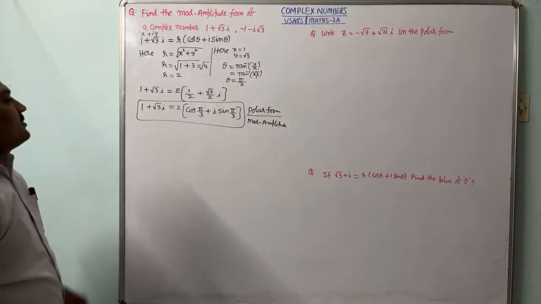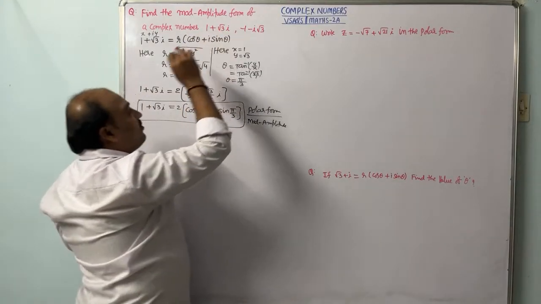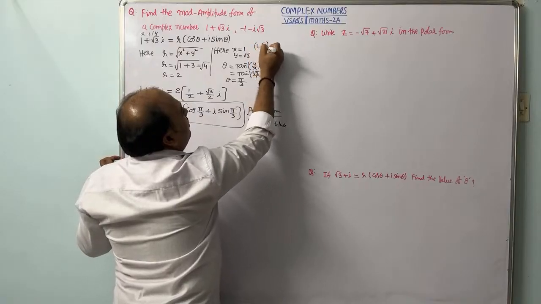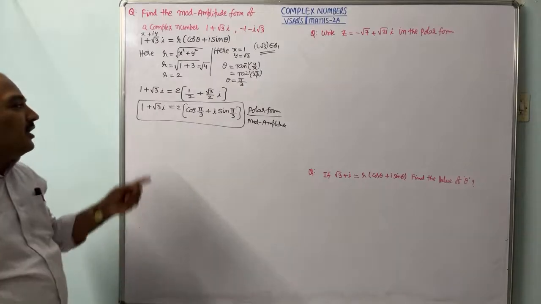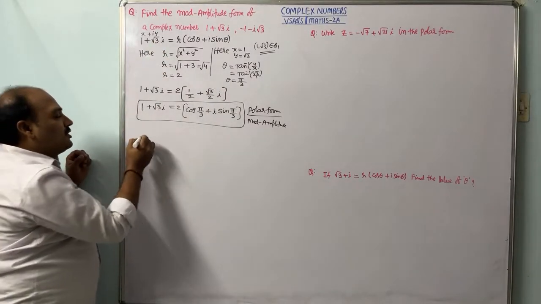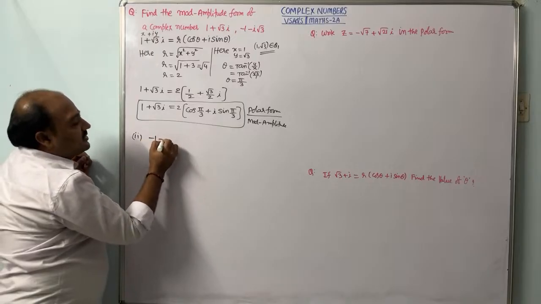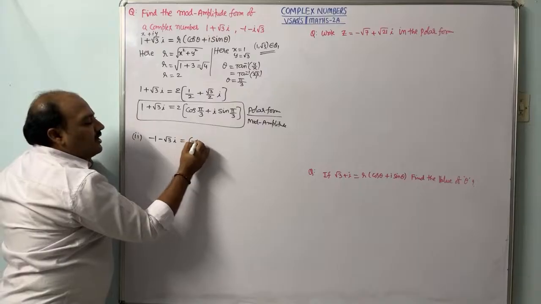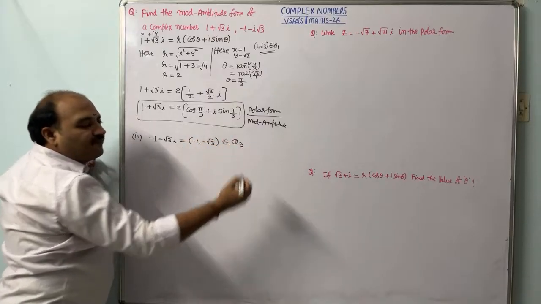Okay, students, this is the way we can do it. So here 1 and root 3 both are in the first quadrant, so 1 comma root 3 belongs to Q1, and we directly write theta. If we come to the second question, minus 1 minus root 3 i, that means minus 1 comma minus root 3, which belongs to Q3.